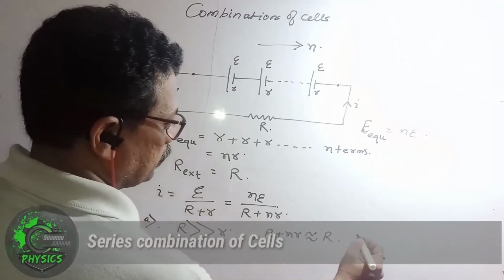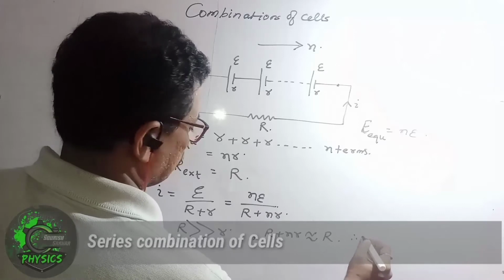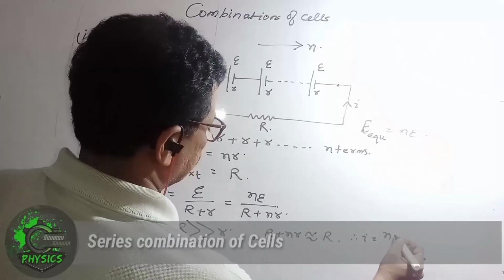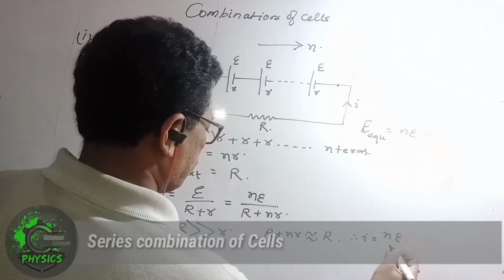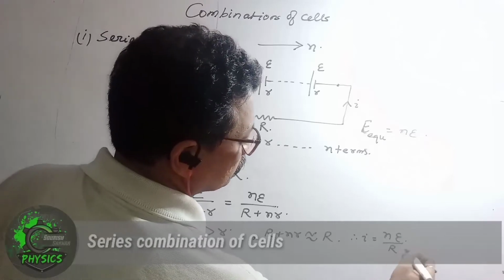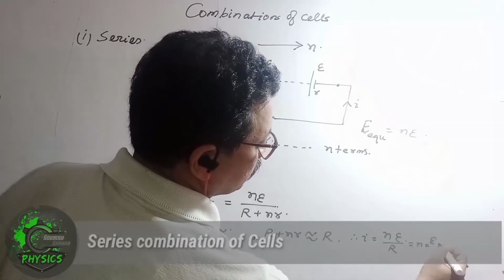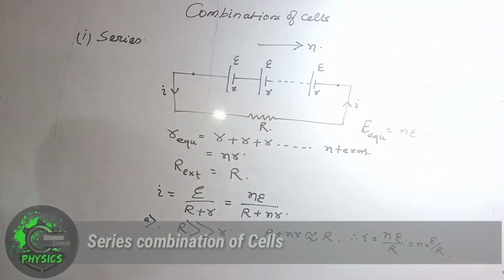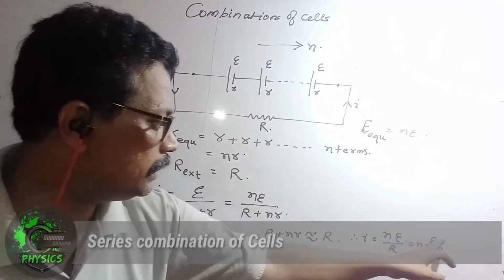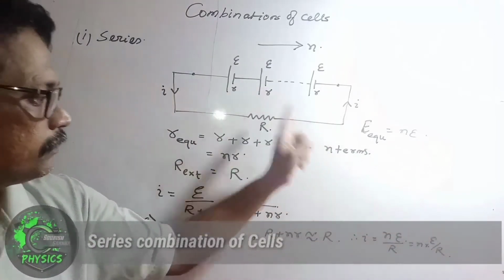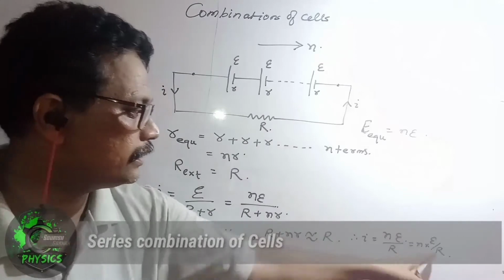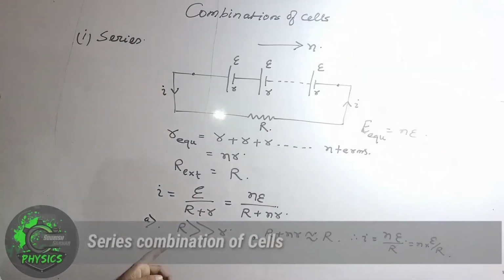So what is the current flowing through the circuit? I will be equal to nE divided by R, so n into E by R. This E by R is the current drawn from one cell, so we get n times the current drawn from one cell.